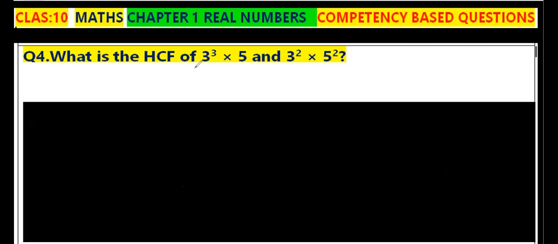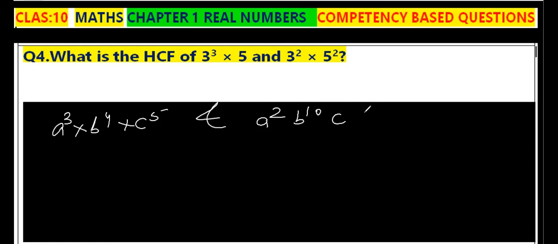What is the HCF of 3 power 3 into 5 and 3 raised to the power 2 into 5 power 2? स्टूडेंट देखिएगा, एचसीएफ निकालने का क्या तरीका है, कि कोई भी a power 3 into b power 4 into c power 5 and a power 2 into b power 10 into c power 7 है। अगर मैं इसका एचसीएफ निकालूं तो क्या करो, put the same base and take the lowest power. The power of a is 3 here, the power of a is 2 here, so a power 2.